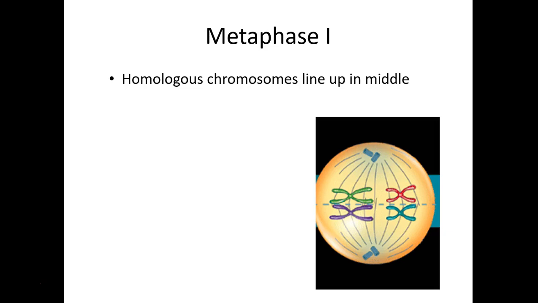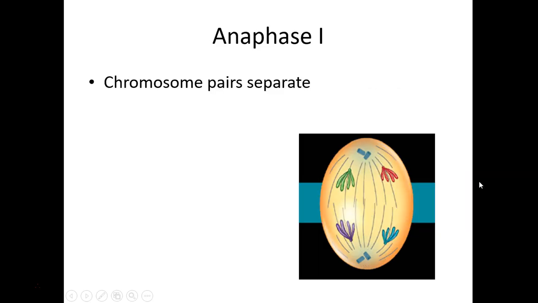After prophase 1 comes metaphase 1, where our homologous chromosomes, our pairs of chromosomes, are lining up in the middle of the cell. And you can see our spindle fibers that are produced by the centriole are attaching to those chromosomes. During anaphase 1, the pairs are separated.